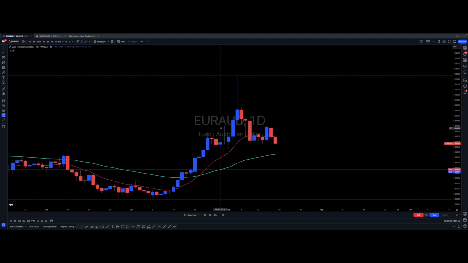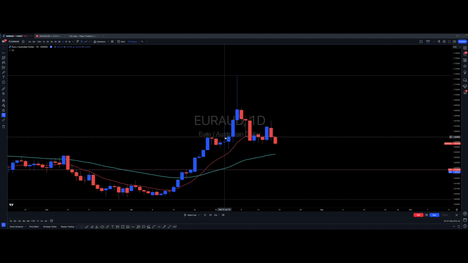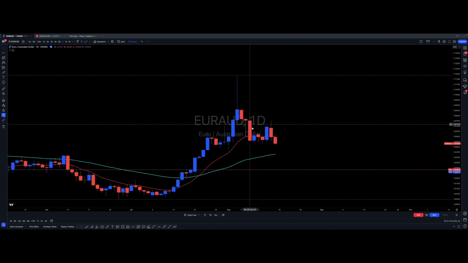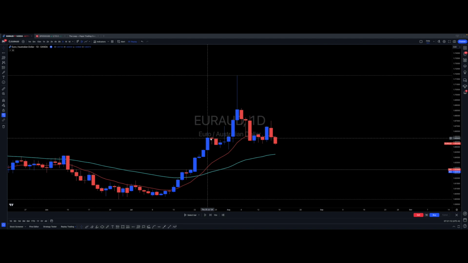Another thing to look at is, what does this price action here look like? This right here, this sideways, this peak, and sideways. It looks like a pretty good head and shoulders pattern to me on the daily time frame.